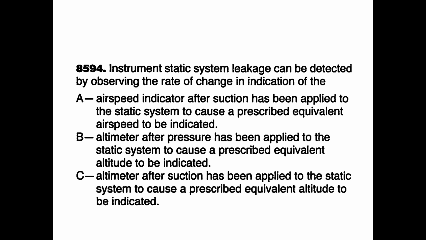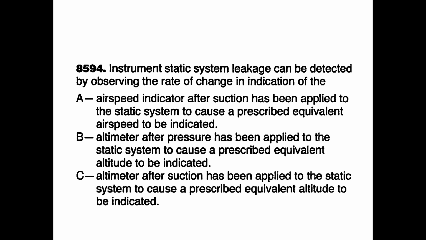So static system leakage can be detected by observing the rate of change in indication of the A, airspeed indicator, B, altimeter, C, altimeter. Well, right there, the rate of change for static system, it's going to show up on the altimeter because you're not going to basically have any ram air at that time.